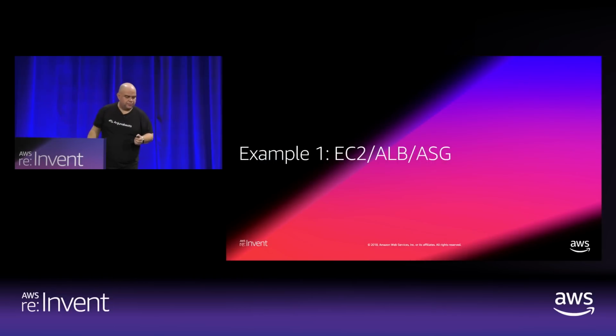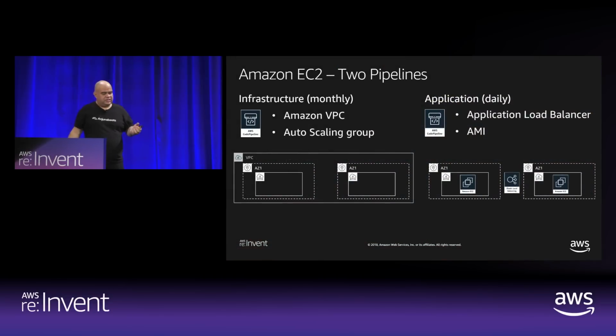Let's get into some examples. In EC2, it makes sense, in this particular example, to use two pipelines. The first pipeline might be my infrastructure YAML, and maybe that one I only change monthly. I set up the VPC, autoscaling group, and perhaps as months go on, I have to add subnets to have places for other applications to run.